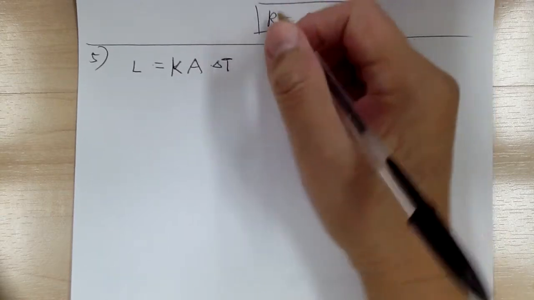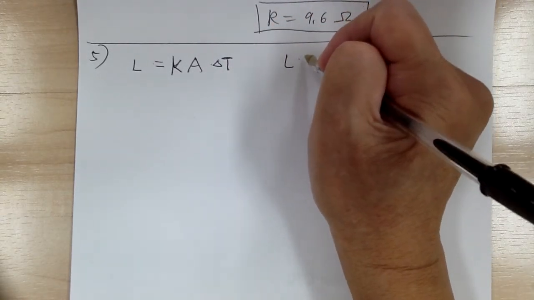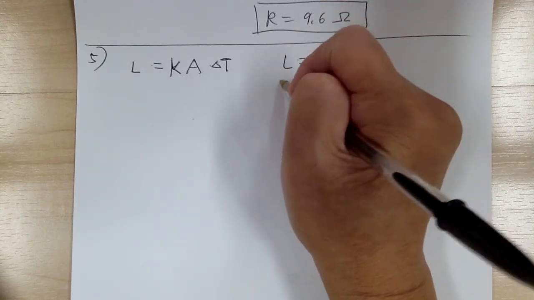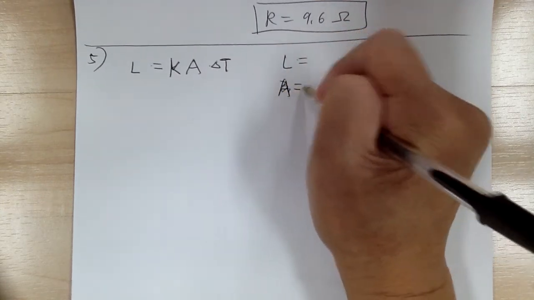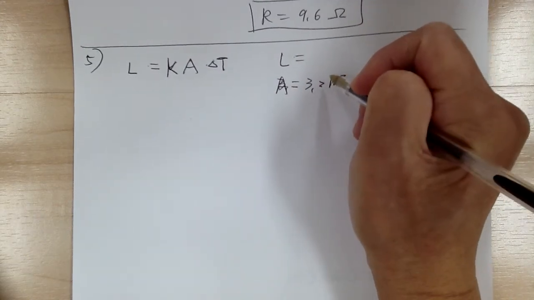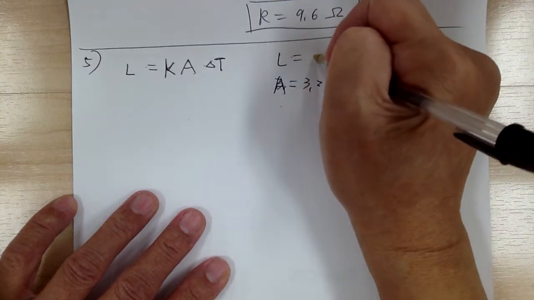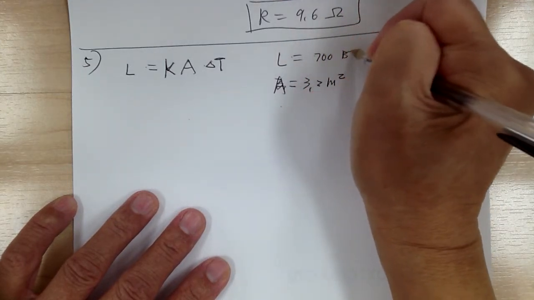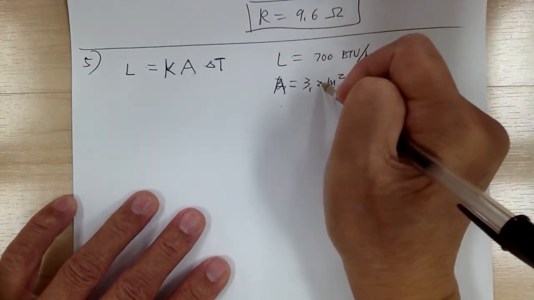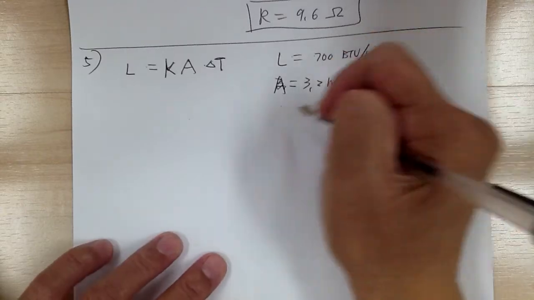It says the heat loss is 700 BTU per hour through a 3.2 square meter window when the temperature difference is 12 degrees.